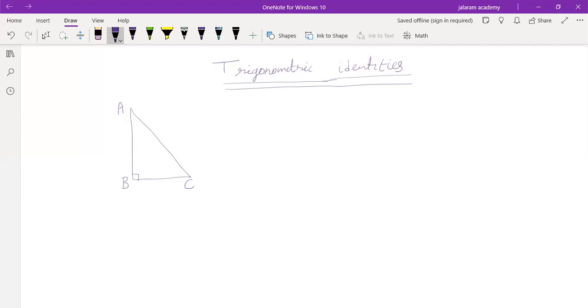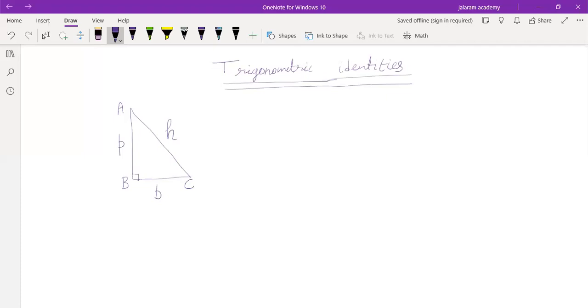We know that a right angle triangle has three sides: perpendicular, base, and height. Now we can take the ratio of any two sides at a time.